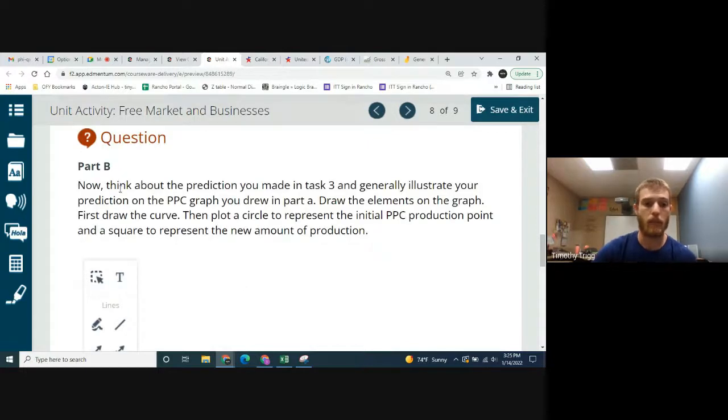It says here, let's go and read part B. Now, think about your prediction you made in task 3 and generally illustrate your prediction on the PPC graph you drew in part A. Draw the elements on the graph. First, draw the curve, then plot a circle to represent the initial PPC production point and a square to represent the new amount of production.